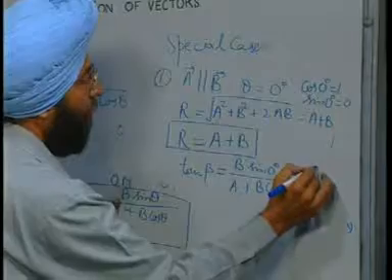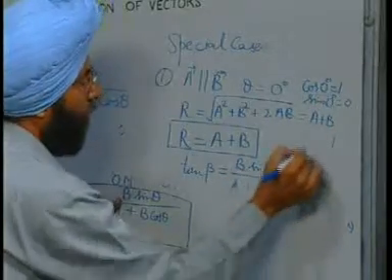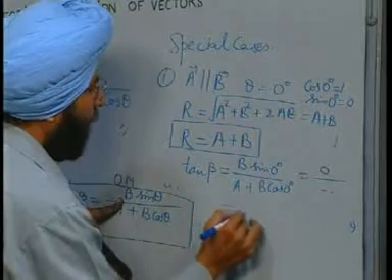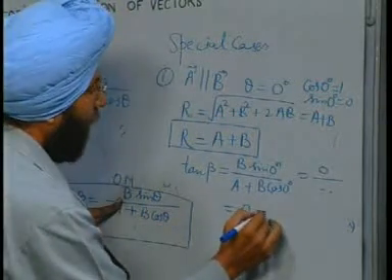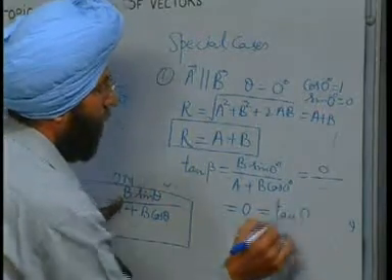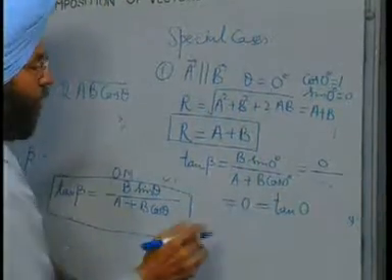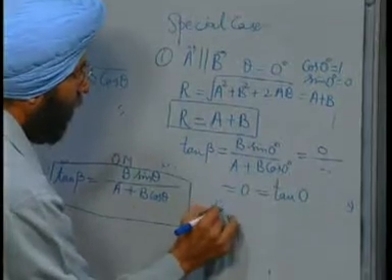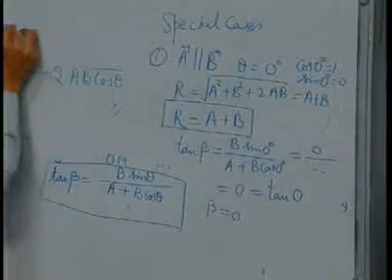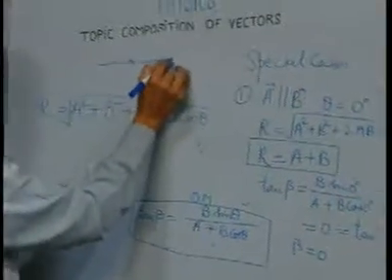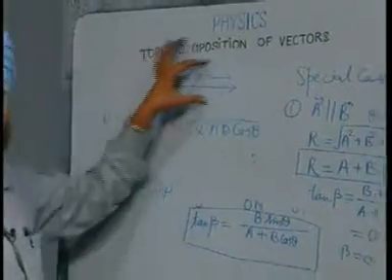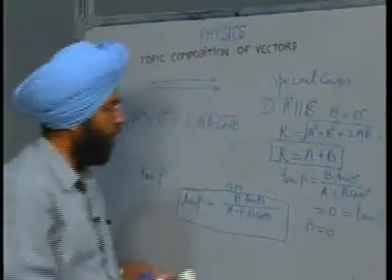So, we have sin 0 is 0. So, 0 over something, we get tan beta is equal to 0, and tan 0 is 0. So, beta is equal to 0. So, that means, if we have two vectors parallel to each other, then the resultant also makes 0 degree angle. The angle between the two is 0 degree.